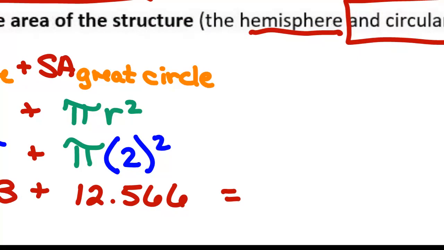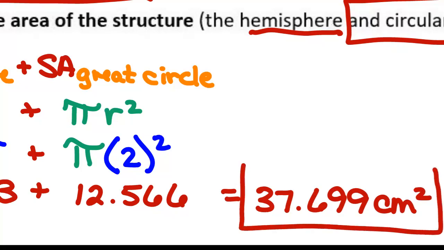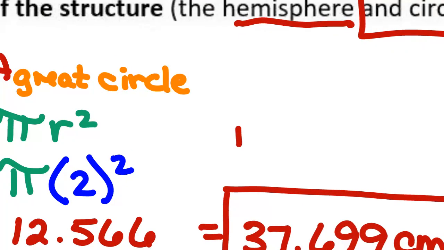So my total surface area for these two pieces put together, the outside curved portion and then that flat circular portion, would be 37.699 centimeters squared for my total surface area.